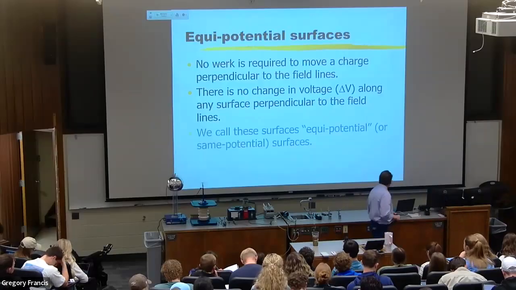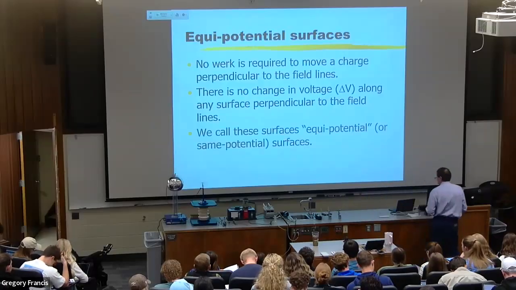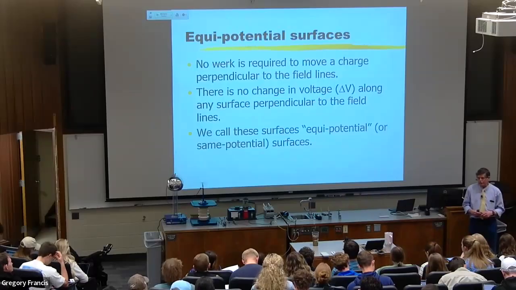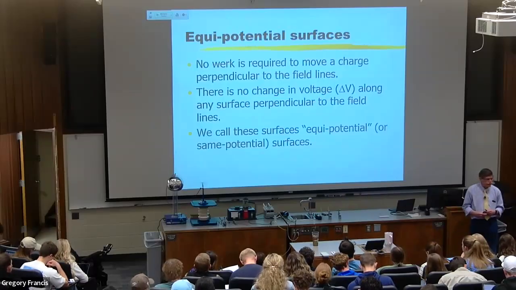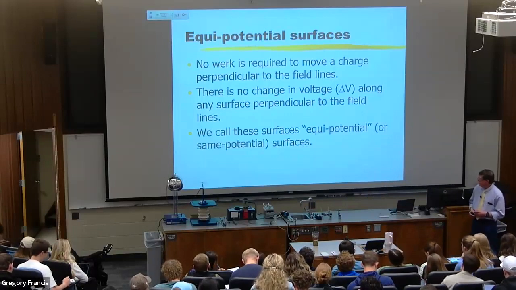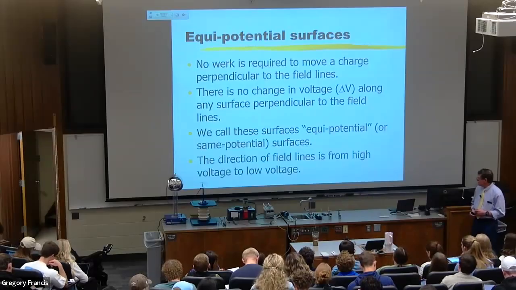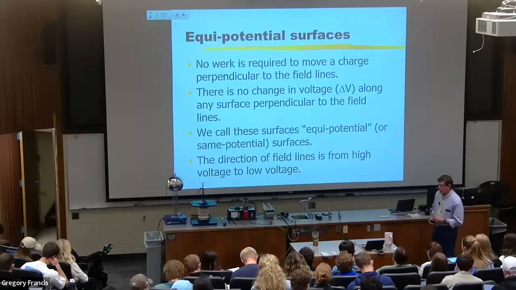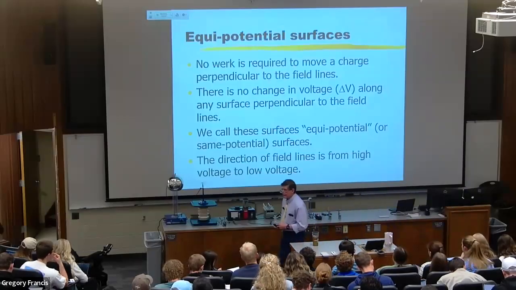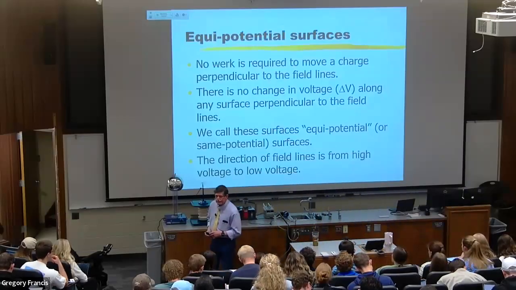We call those equipotential or same potential surfaces, or I would prefer same voltage surfaces, equivoltage, but it doesn't roll off the tongue. And the direction of the field lines is from high voltage to low voltage, always. Just like gravitational field is from high elevation to low elevation.